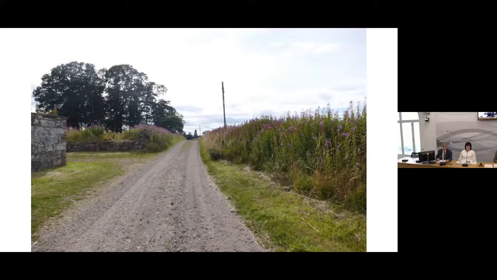So that's standing very close to the application site, looking back along the access road. On the left-hand side, you can see part of the steading, which, as I said, has consent for conversion, but at the moment is unoccupied. Next slide, please.